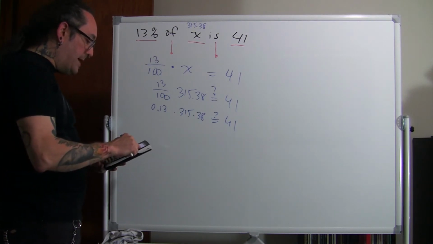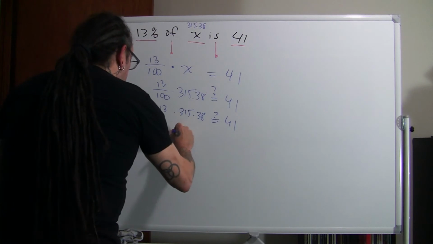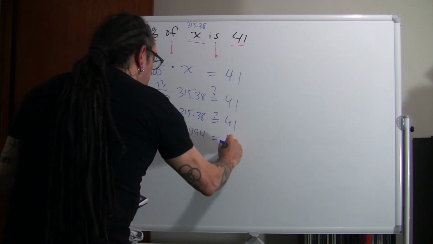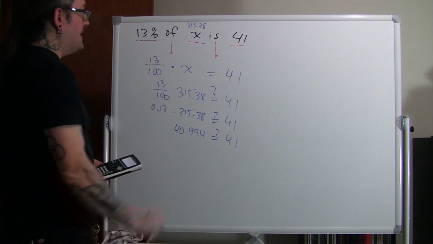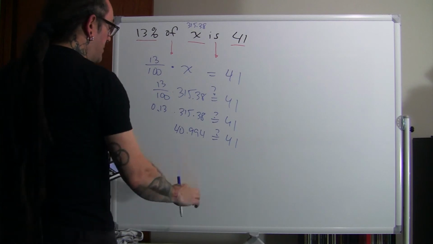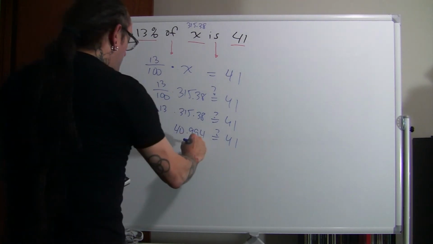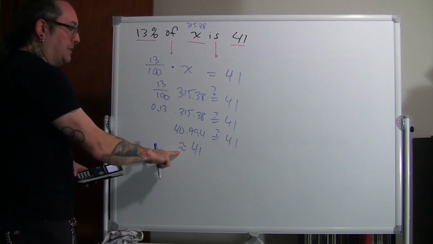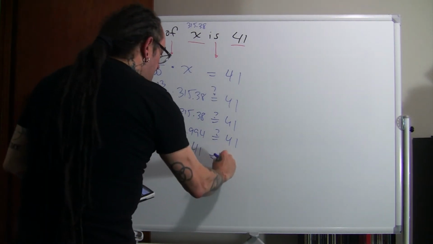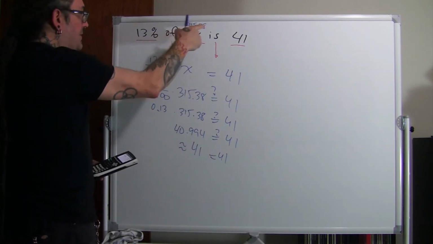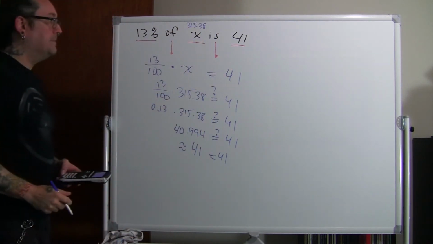It is 40.994. And since I started off with an approximation, I really have to make this an approximation. This is approximately, which is the squiggly equal sign, 41. And that's correct. So 13% of this number is 41.